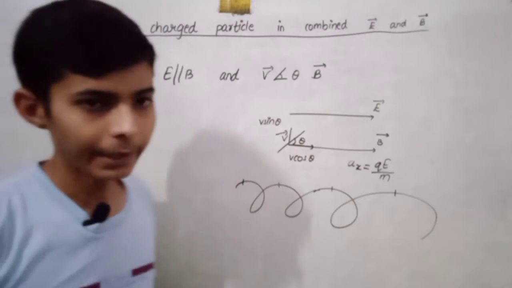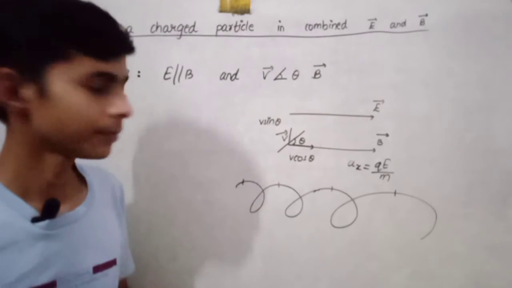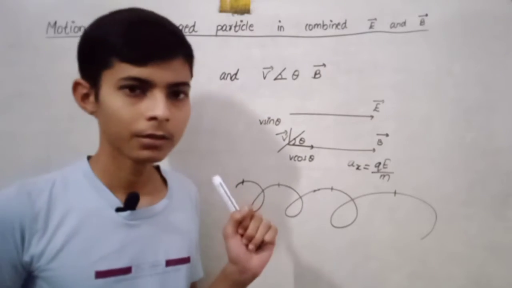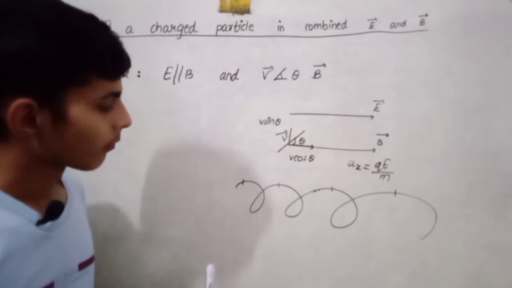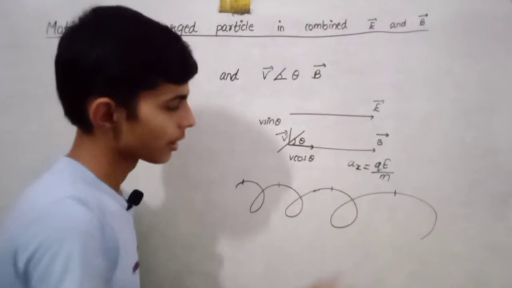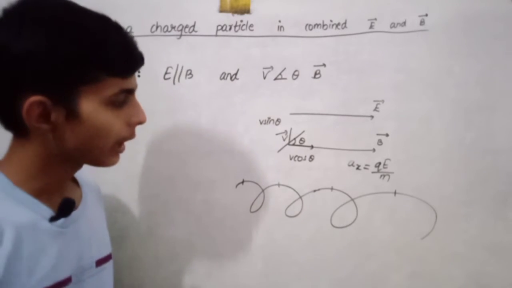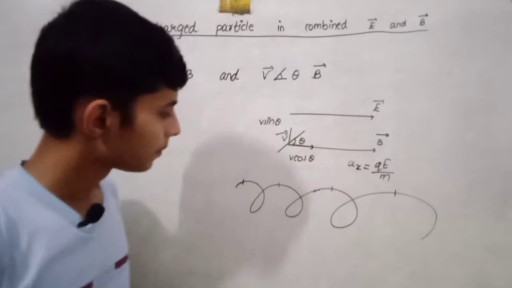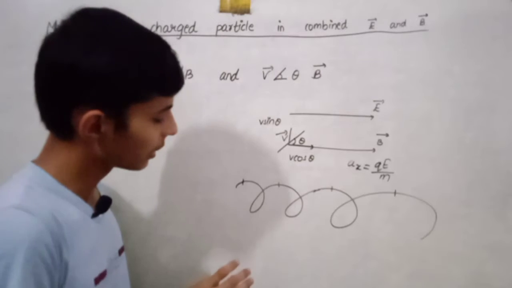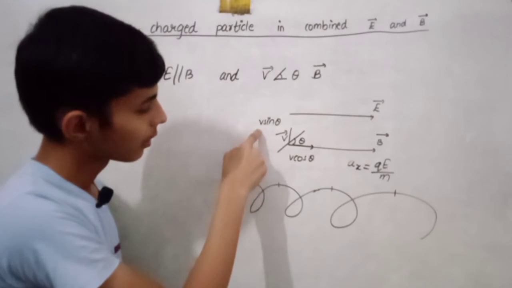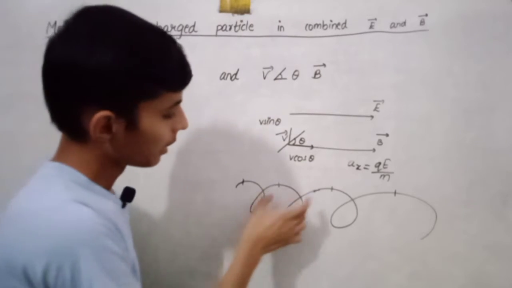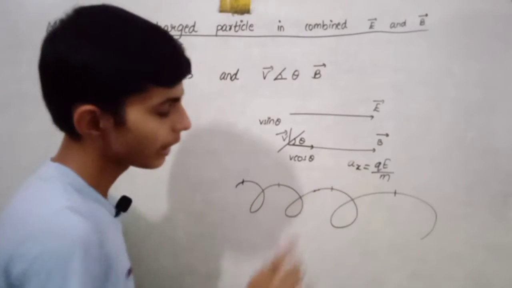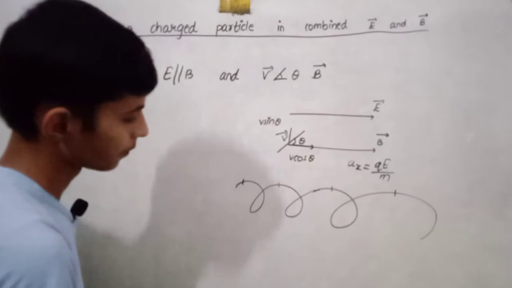Repeating again, v sin theta is responsible for circular motion of a particle, and at the same time it has an acceleration of magnitude qE by m in the positive x direction.